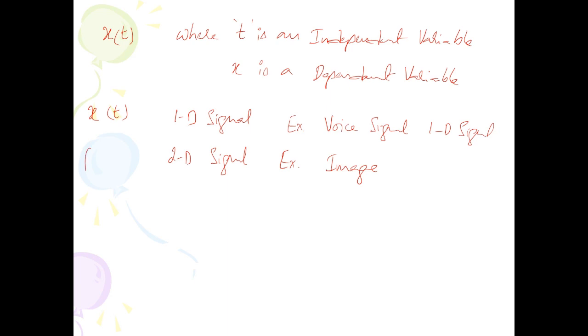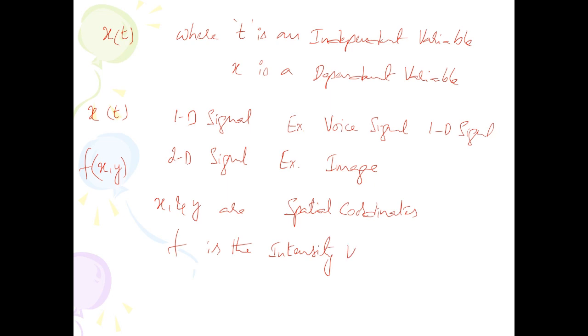So this will be represented in terms of f of x comma y, where x and y are the spatial coordinates and f is the intensity value at x and y. And this can be treated as a two-dimensional signal.